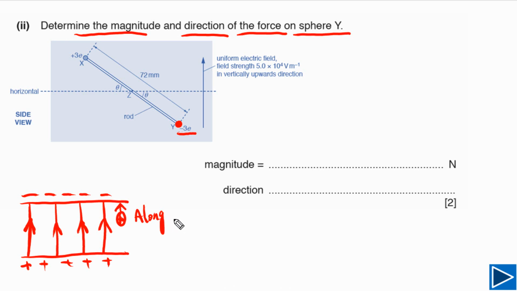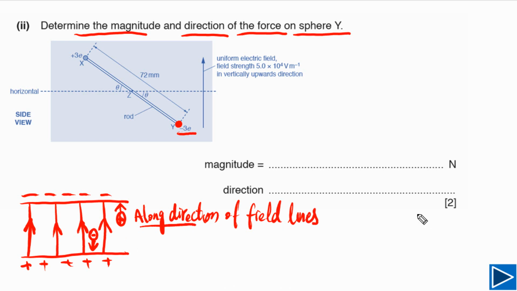Very important point, along direction of electric field. Simply we can say along direction of field lines. Now let's say if we place a negative charge inside this uniform electric field, this negative charge will experience force vertically downwards, but this force is also along direction of field lines.